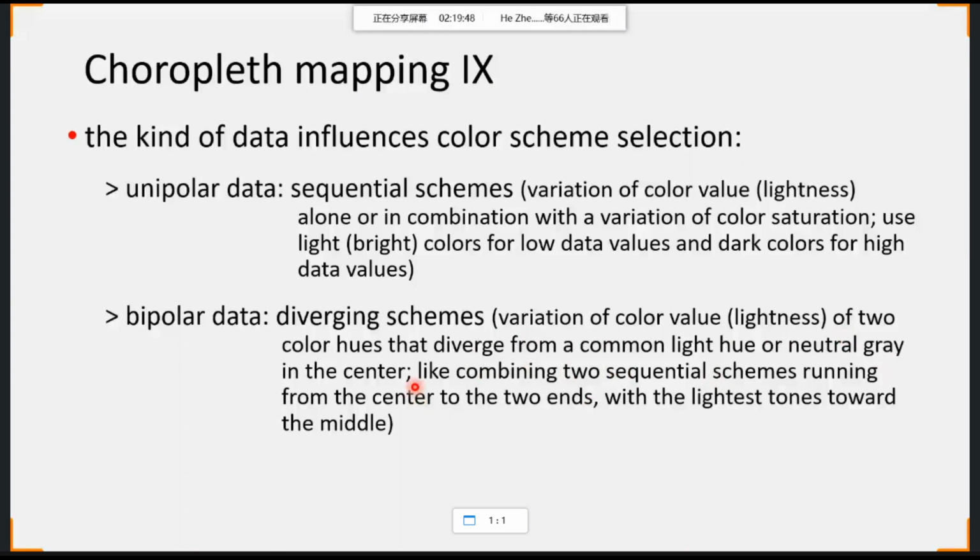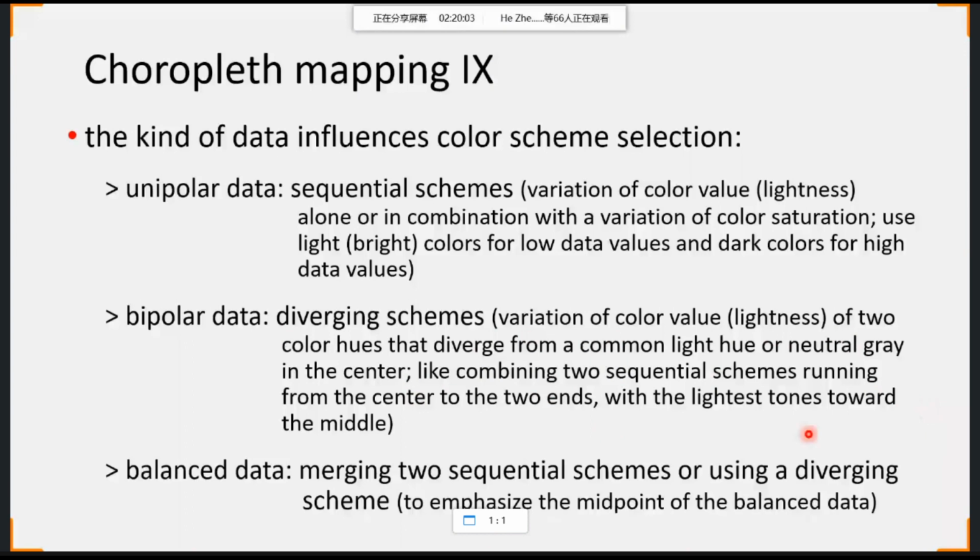So you have a diverging point in the center, like combining two sequential schemes running from the center to the two ends, with the lightest tones toward the middle. Or if you have balanced data, you can merge two sequential schemes or use a diverging scheme to emphasize the midpoint of the balanced data. So that depends.